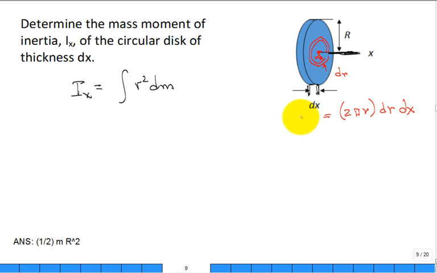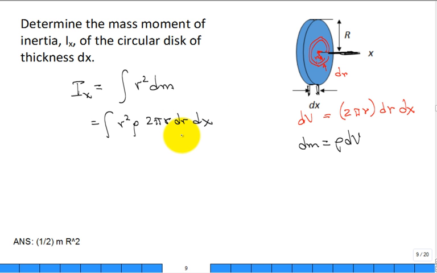Isn't this dv? You've done enough integration, hopefully, in this type of coordinate system to see that. And so dm, the little chunk of mass, is rho dv. All right, so let's replace. This is equal to the integral of r squared, rho 2 pi r dr dx.